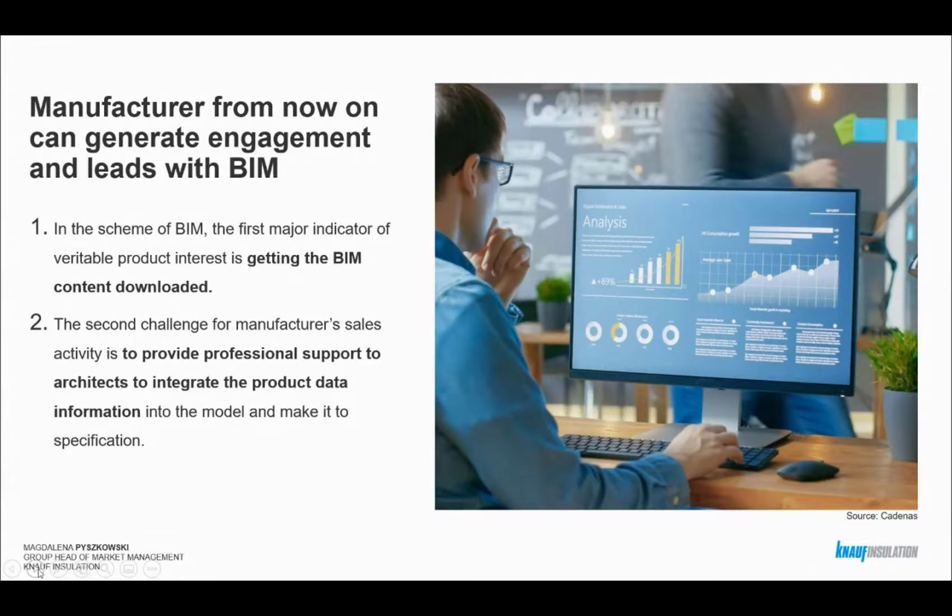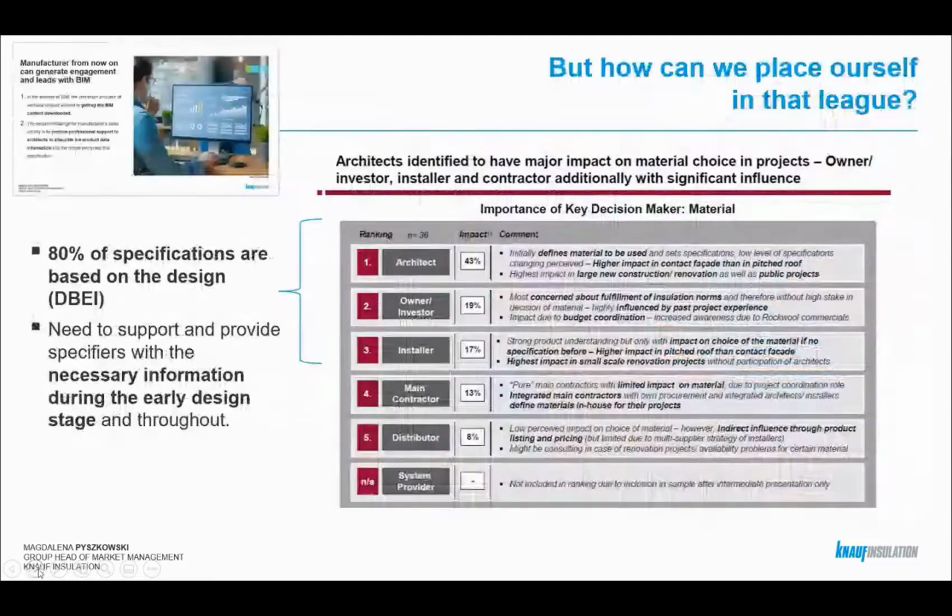As a manufacturer, what is important for us in the scheme of BIM, the first major indicator of interest about our product, system or solution, is that our BIM content is available for download and shared with the stakeholders of the design process, and that we are also able to provide professional support to architects to integrate the information about our product or solution into the model and to allow a correct specification, which, as I said, meets the requirements of the project.